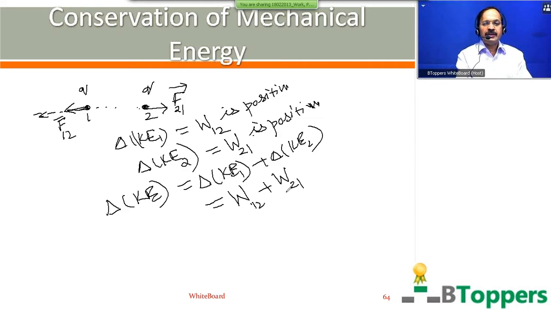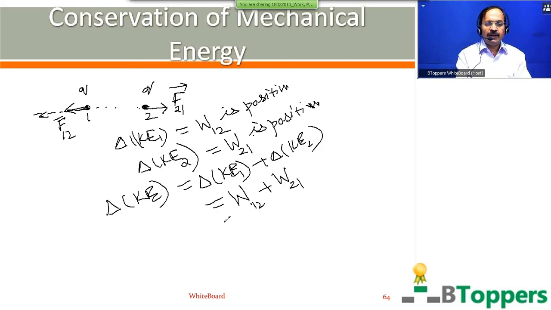I mean, when no work is done by the external forces on the system, or the work done by the external forces on the system is negligible, the change in the kinetic energy of the system of particles is equal to the total sum of the work done by the internal forces between the particles. In general, earlier you have discussed the work energy theorem for a rigid body.